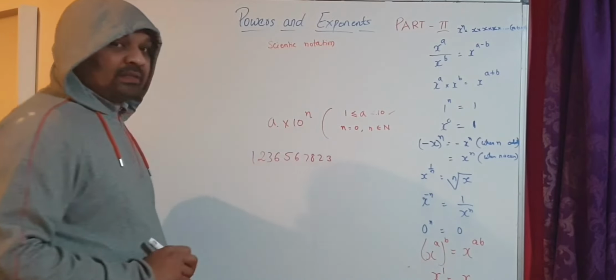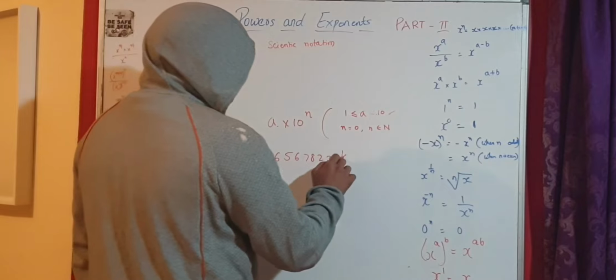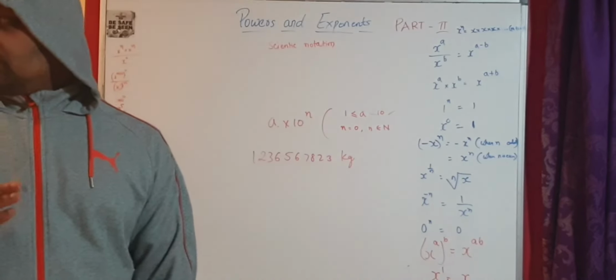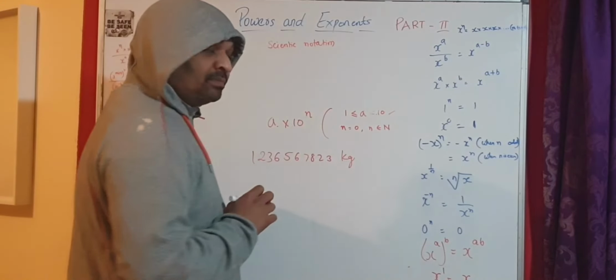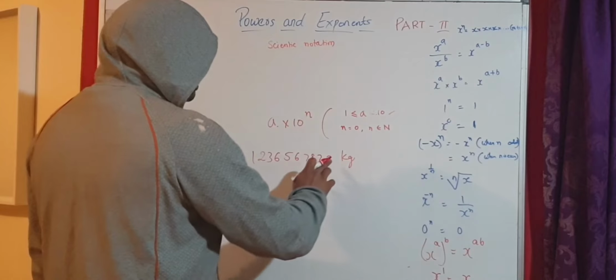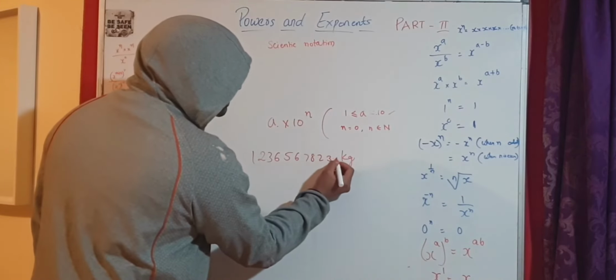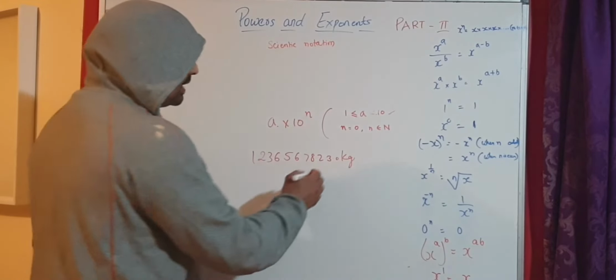If something is written like this, and you are asked to convert this whole number, say in kg, into scientific notation, what you have to do is note that the decimal lies here, because this number can be written as 823.0.